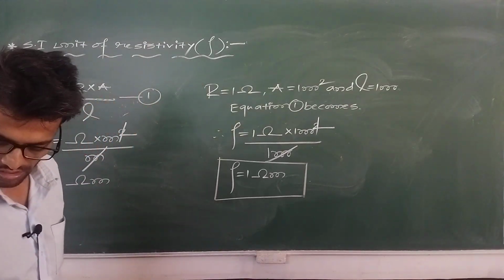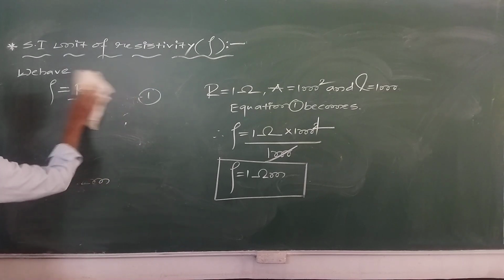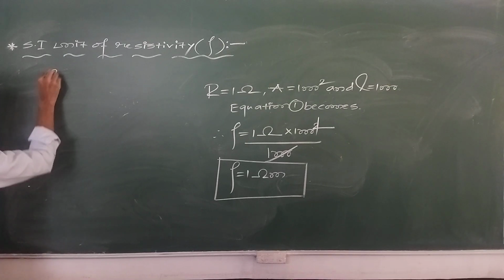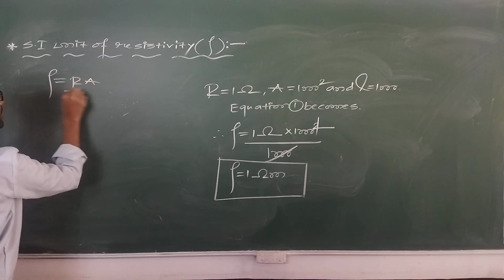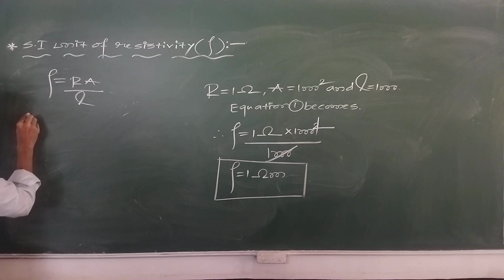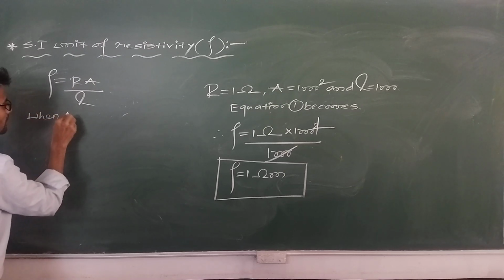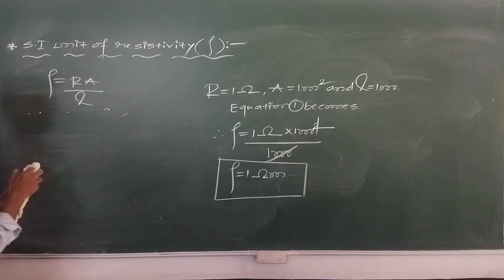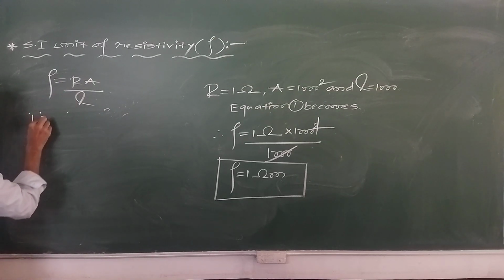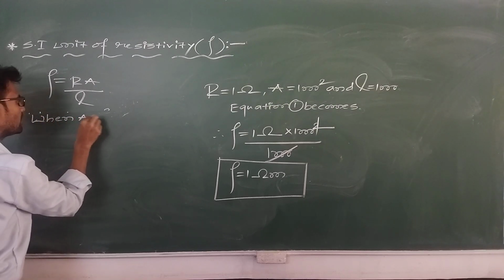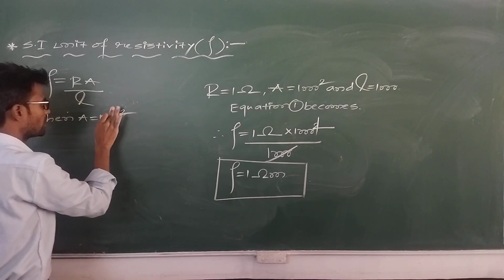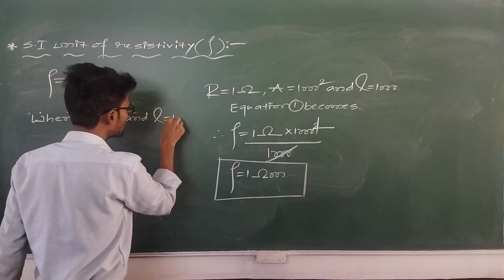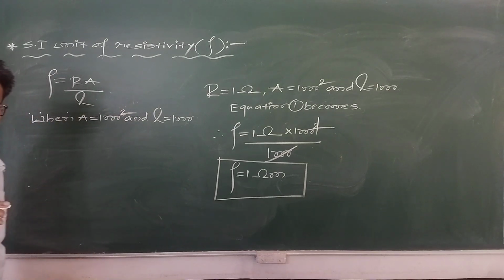Yes, in the formula rho equal to RA divided by L, you take the area of cross section of the conductor as 1 meter square, and the length of the conductor as 1 meter.